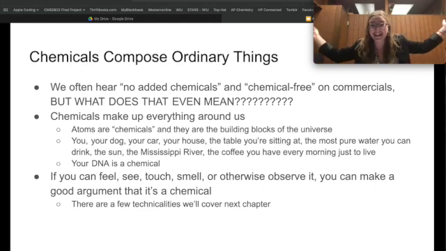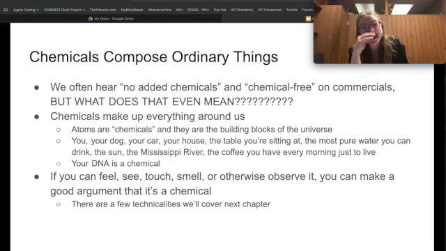It means nothing. It literally means nothing because everything's a chemical. So if you made something, you added chemicals. If you have a literal substance with you, it's a chemical, so it can't be chemical free. It cracks me up every time I see it. My parents have been like, you gotta stop. You gotta let them go. It's not the way it works.